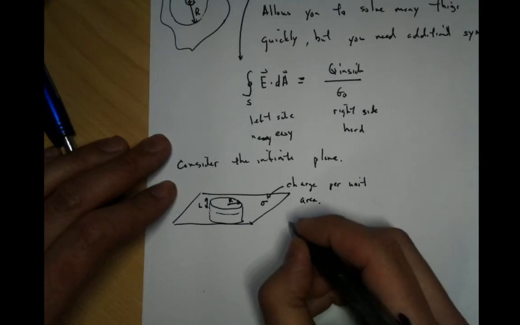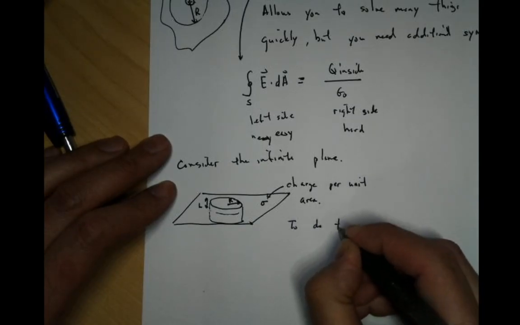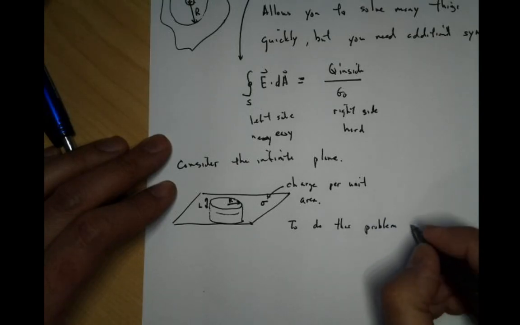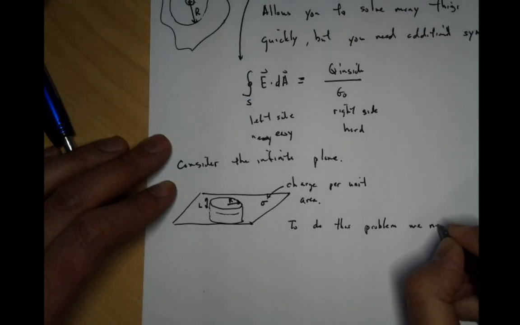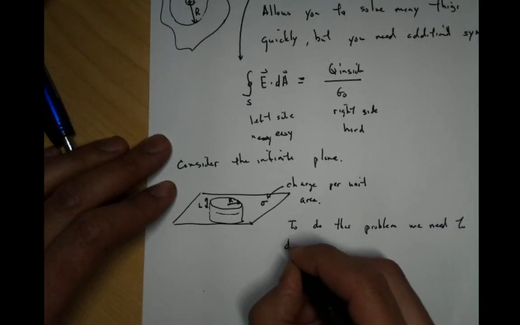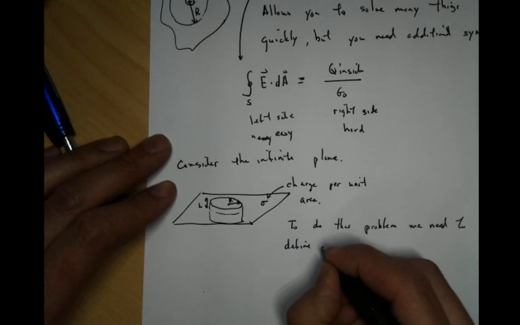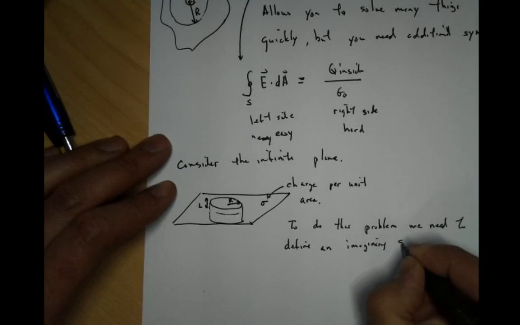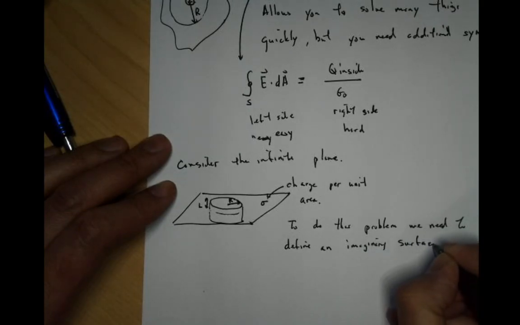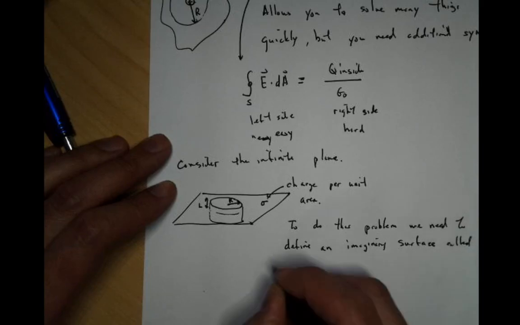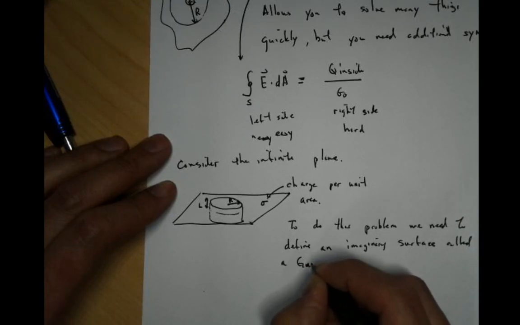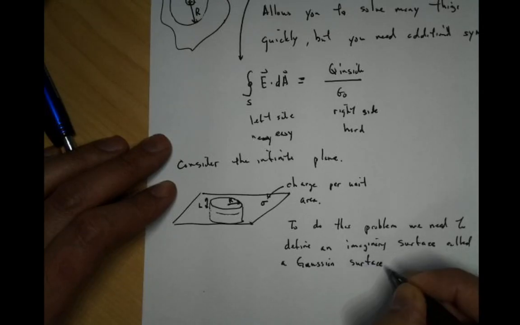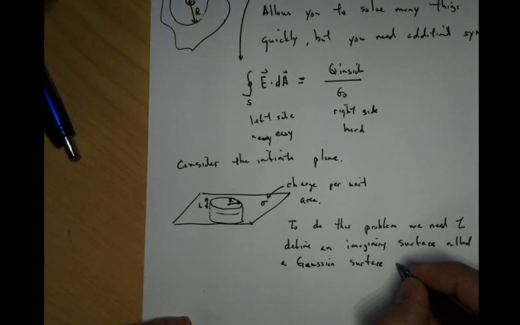To do this problem, we need to define an imaginary surface called a Gaussian surface, and it has to be closed.